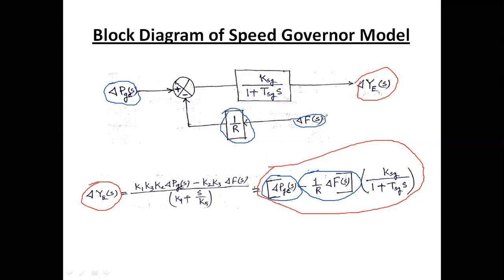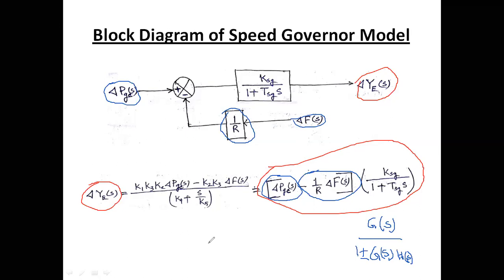This is basically frequency, which is the output, and so it is taken in the negative feedback. For a control system, we all know that the closed loop transfer function is G(S) divided by 1 plus G(S)H(S). So this is your closed loop transfer function.